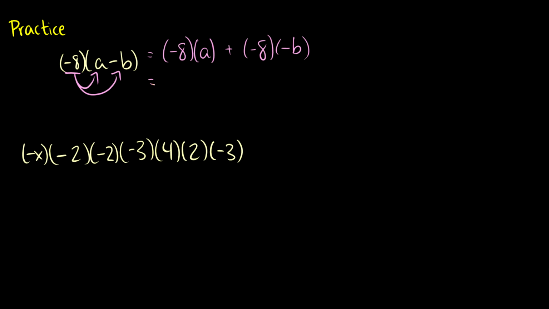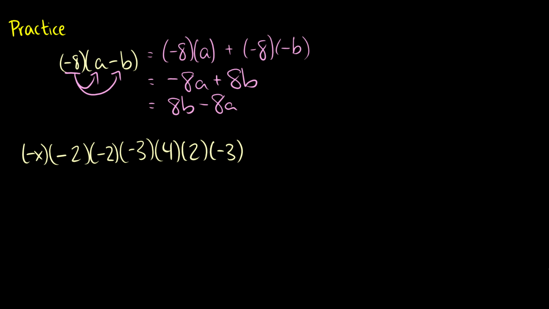So this is just negative 8a plus, what's negative 8 times negative b? That's just 8b. So that's going to be 8b minus 8a. So here is our solution: negative 8 times (a minus b) is just 8b minus 8a.